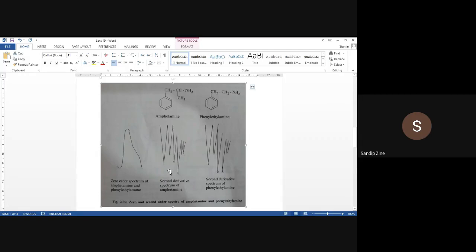So the second derivative spectra of the two are also very similar, but the intensity ratios of certain side maxima have characteristic differences. These are the intensity of lines, or intensity of spectra, whatever peak we are observing. Here both peaks are intense, or this peak is equally intense with the first peak. But in amphetamine, this peak is somewhat less intense as compared to this.